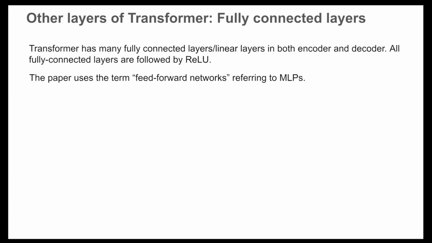Another important part of the transformer is fully connected layers. So the transformer uses many fully connected layers or linear layers in both encoder and decoder. In the original transformer architecture, all fully connected layers were followed by ReLU nonlinear activation. The paper also uses the term feed forward, referring to MLP.